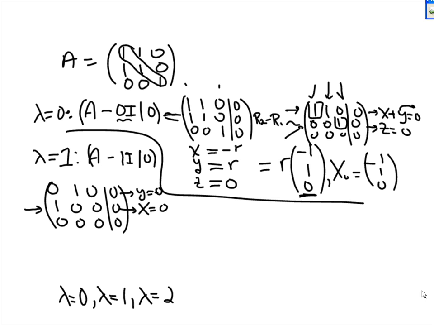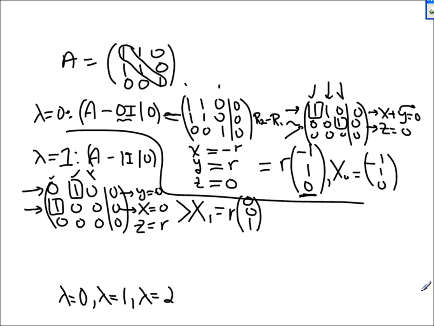Row 2 has a leading 1 in column 1, and row 1 has a leading 1 in column 2. Column 3 does not. That is, z can be r. So we get that x associated with lambda equals 1 is 0, 0, 1 times r. So that's the next eigenvector.